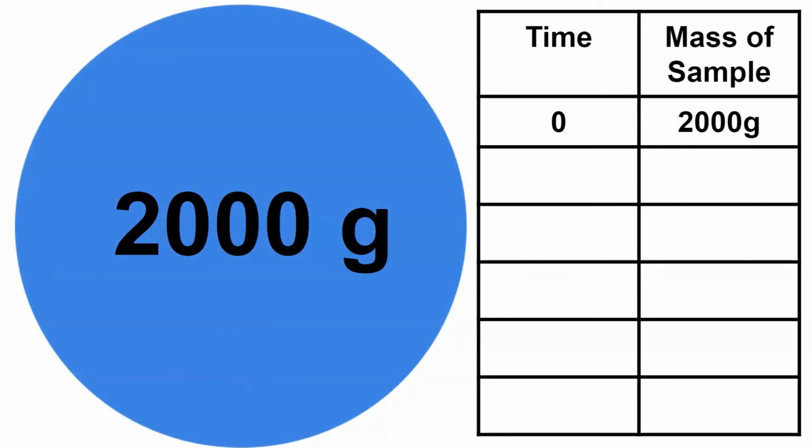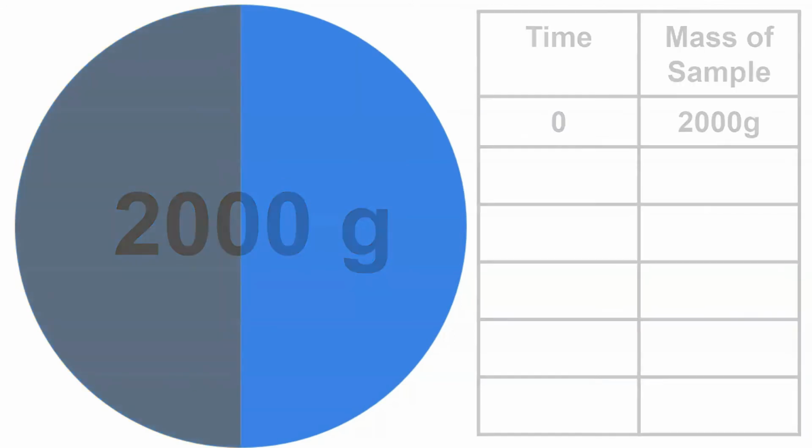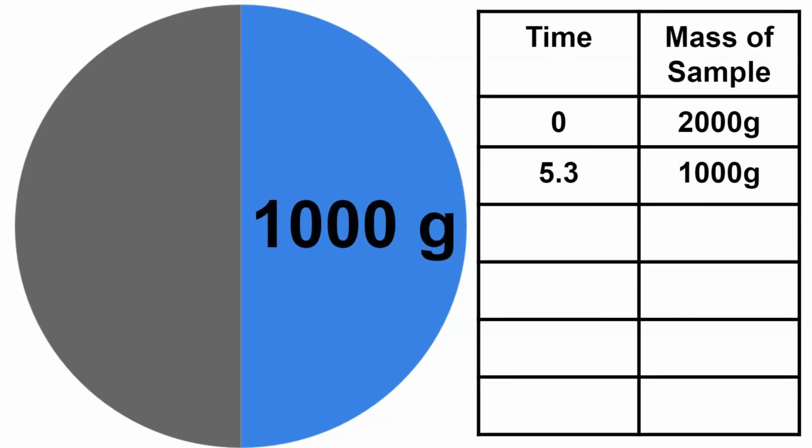If one cycle of the element's half-life passes, 5.3 years, how much would be left? Let's take a look at this image. What do you think it would be? The answer is 1,000 grams because it takes 5.3 years for half of the sample to decay.